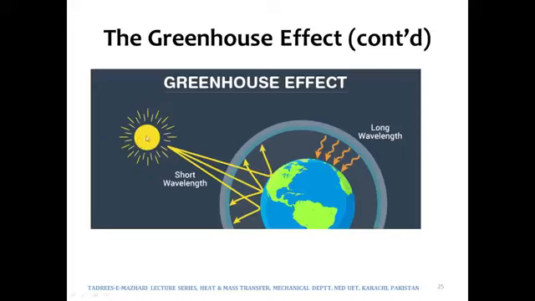The majority of the radiation coming from the sun is of shorter wavelength, and near around the earth, all the objects are at relatively lower temperatures than the sun. So they would be emitting radiation of longer wavelength. That longer wavelength radiation will not be able to escape that ozone layer, and all the shorter wavelength radiation will pass through it.